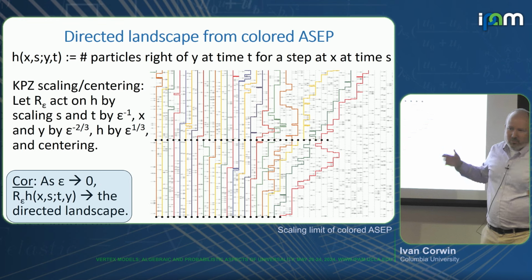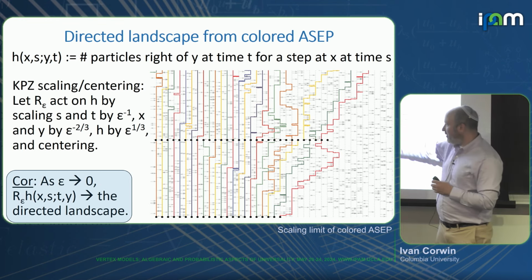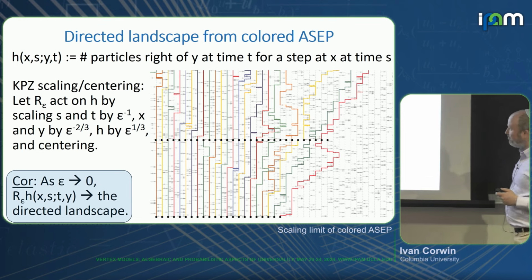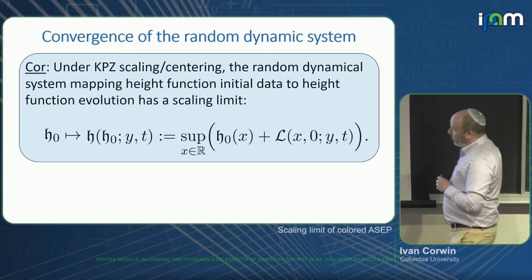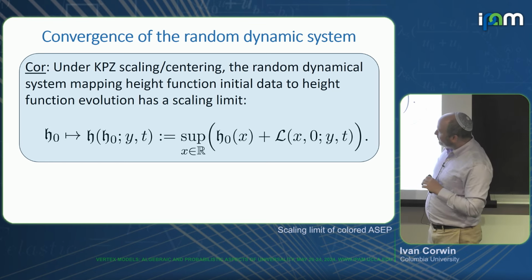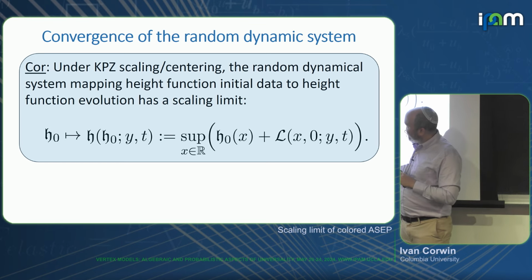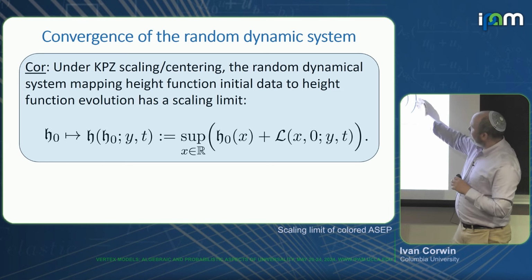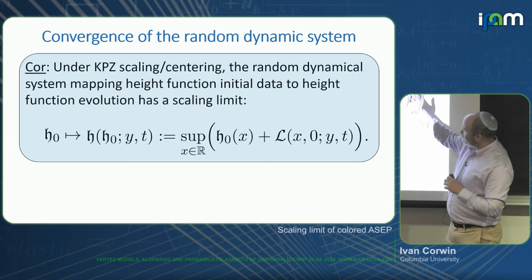What you would like to know is what that evolution looks like jointly over all choices of initial data and all choices of times at which they're defined, everything. In the end, what it boils down to is that the scaling limit of this entire dynamical system is given by a variational problem involving the initial data and this directed landscape.